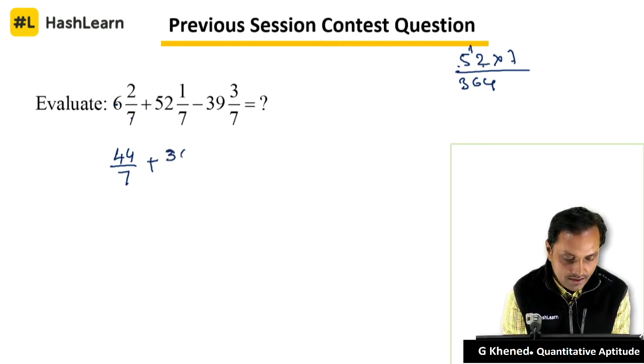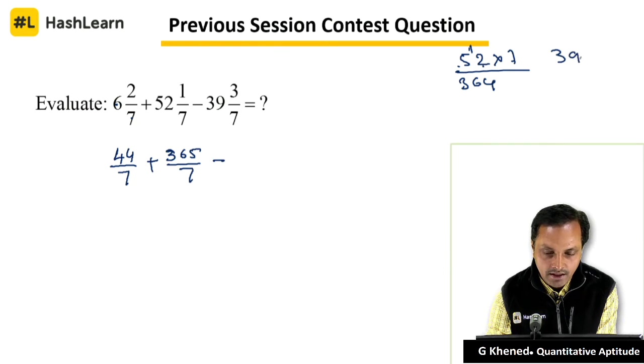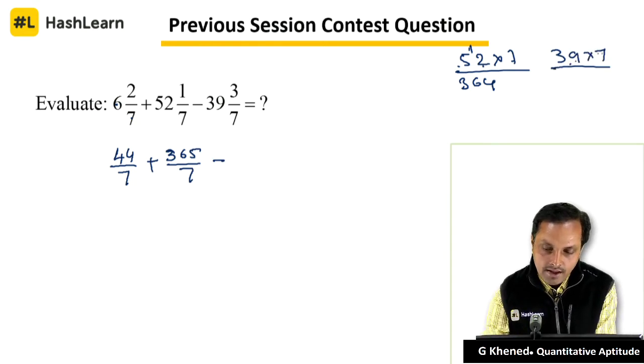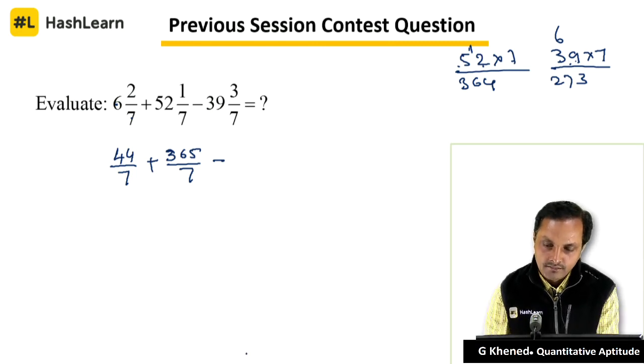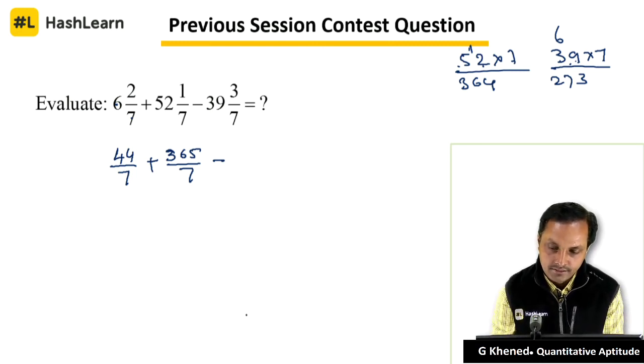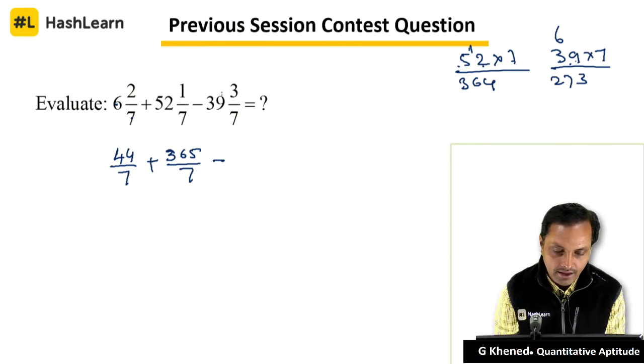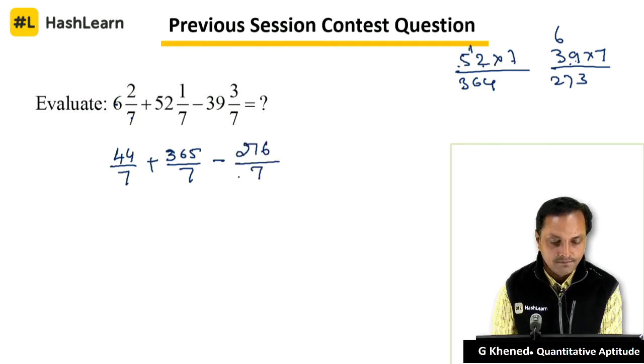This is 365 by 7 minus 39 into 7, you do 9 5s are 45, 9 7s are 63, 21 plus 6 is 27. This is 273 plus 3, 276 by 7.